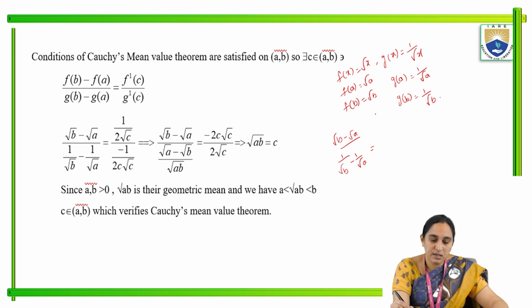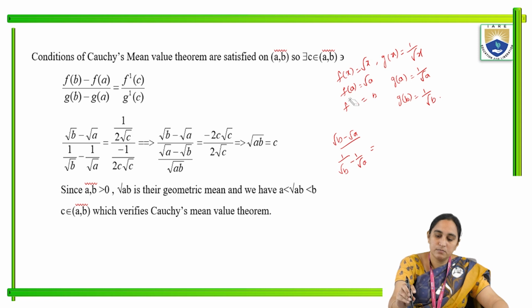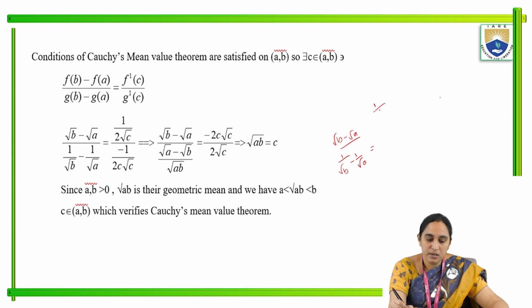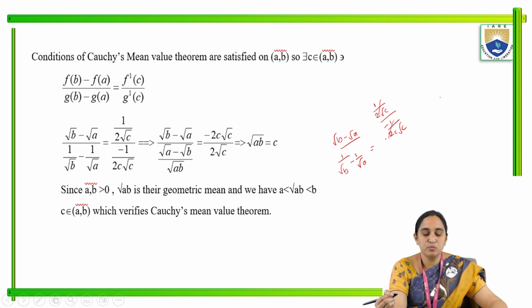From that, this is equal to 1 by 2 root c by minus 1 by 2c root c. Here 1 by 2 root c and 1 by root c cancel. There we get minus 1 by c.